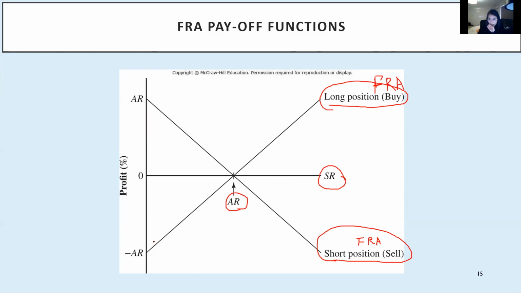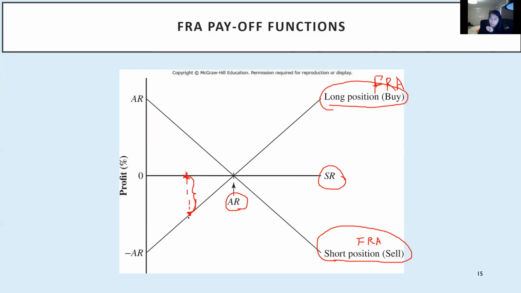So what it says here is that every time when the actual interest rate is lower than the agreed rate on the contract, the buyer, so this line belongs to the buyer, yeah? The buyer agrees to pay to the seller, okay? This is how much they are going to pay, okay?